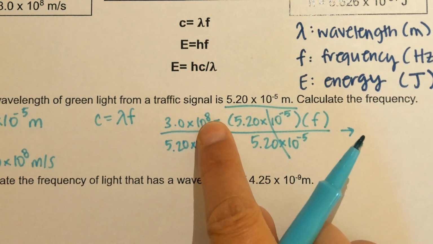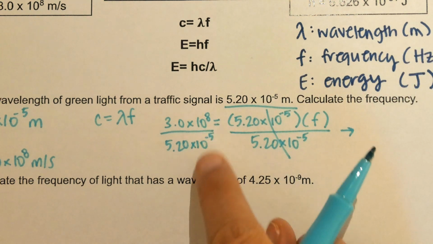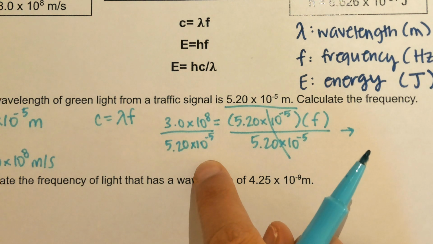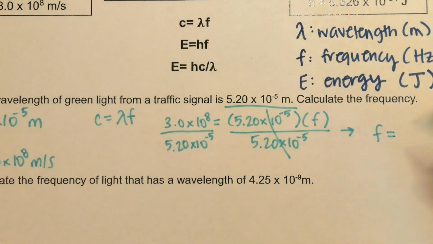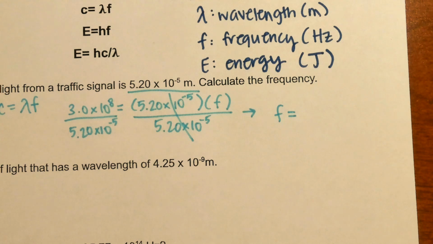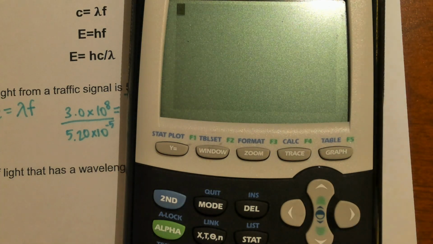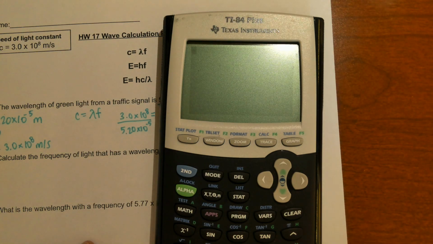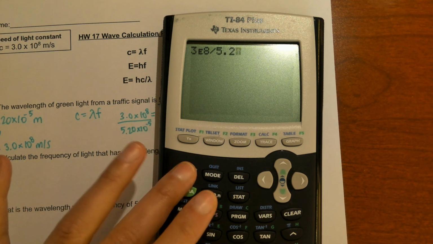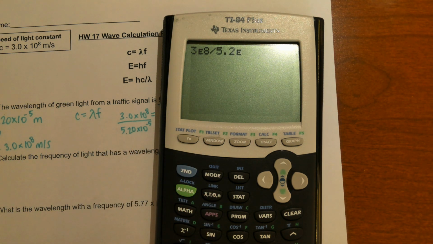So when we divide 3 times 10 to the power 8 by 5.2 times 10 to the power -5, that should be my answer. And remember to use the E button. So 3E8 divided by 5.2E-5 equals.